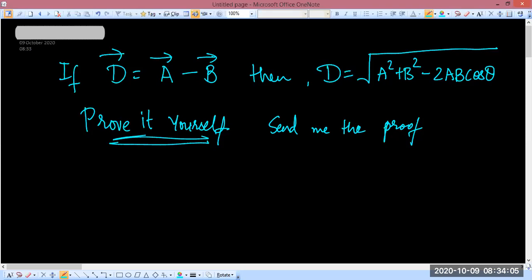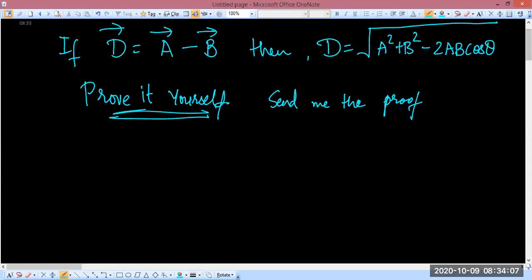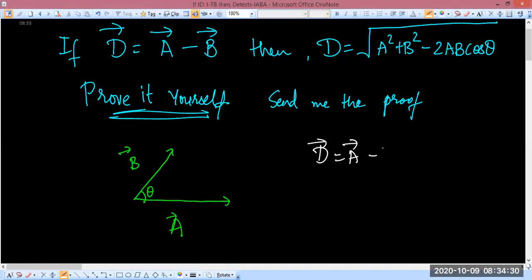I'll draw a diagram to give you a hint. Here's the diagram. If you want, keep drawing along, after that I won't do anything more. So this is A vector, B vector, and this is angle theta between them. Now if you want to find the difference vector, I hope everyone remembers the triangle law of subtraction.